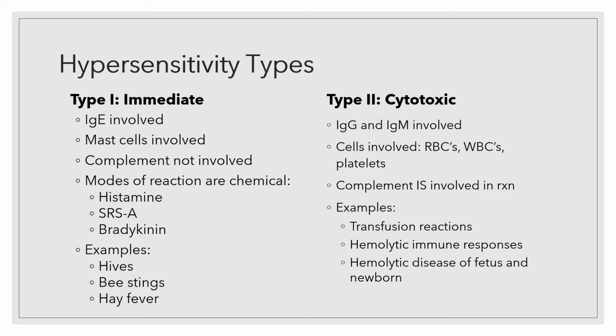It's the mast cell or tissue basophil which is the target cell for IgE. Mast cells are common in connective tissues, lungs, liver, kidney, spleen, and heart. No complement is involved in this reaction, and chemical mediators are the modes of reaction. Chemicals like histamine, slow reacting substance of anaphylaxis, and bradykinin.